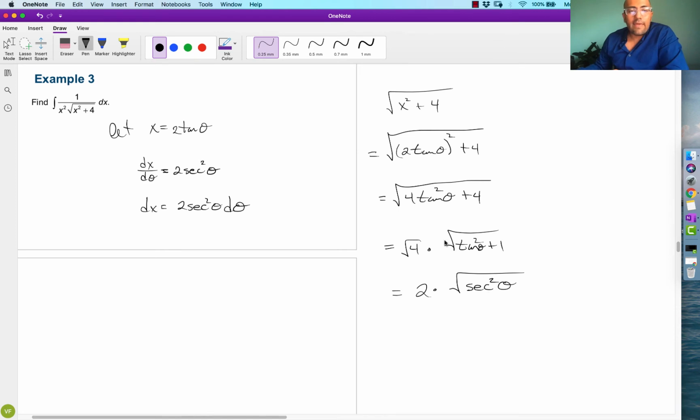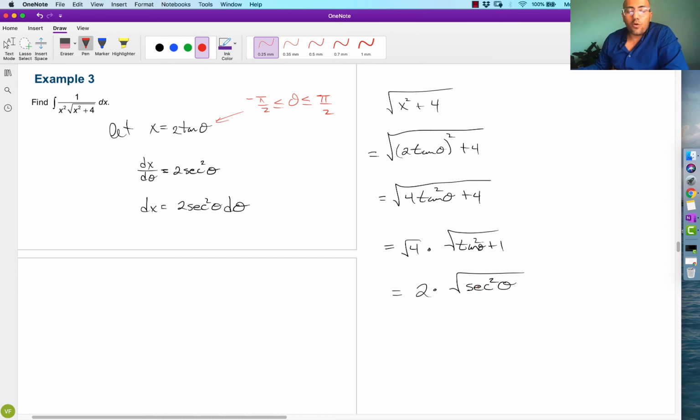Good. And then again, we go back to our restrictions. In our restrictions, we had negative pi over 2 less than or equal to theta less than or equal to pi over 2. That's what guarantees that this is 1 to 1.